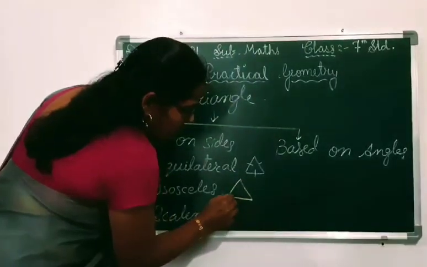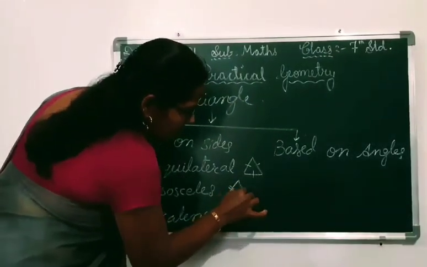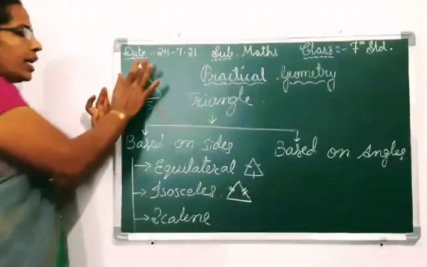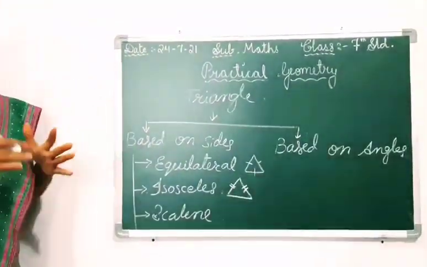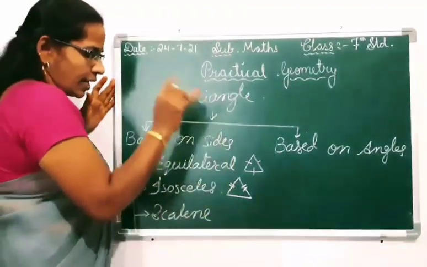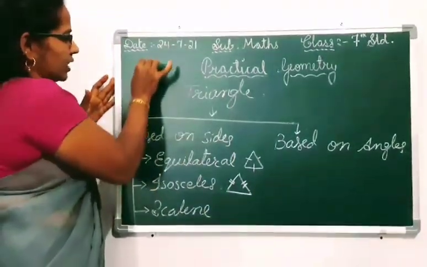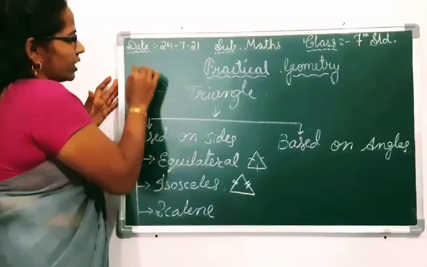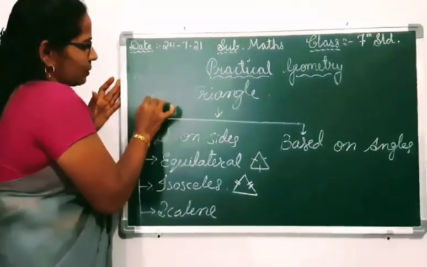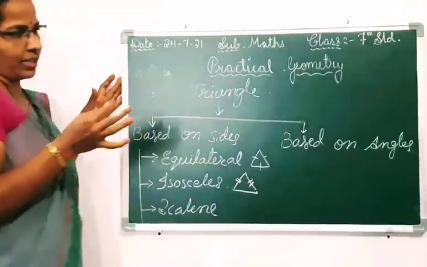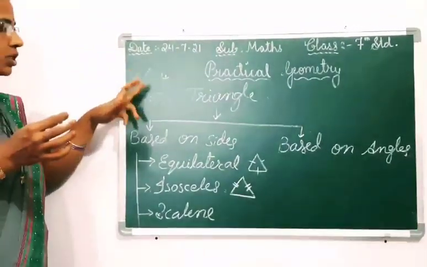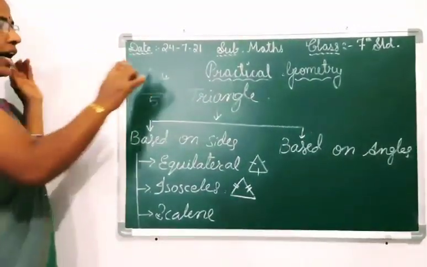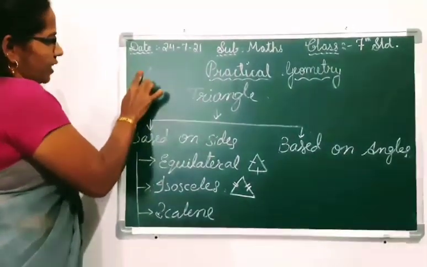The next one is an isosceles triangle. In the isosceles triangle, two sides are the same and the third side is different. See the example. If this side measures 5 and this measures 5, then this is 4. Sorry children, two sides measure the same and one side is different.